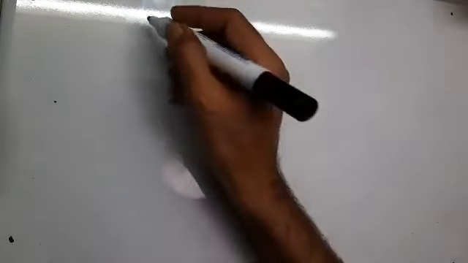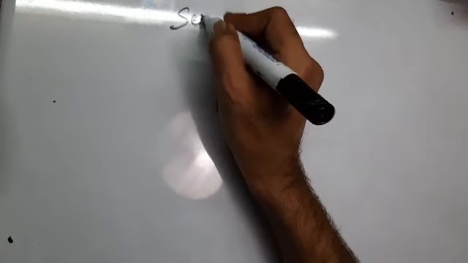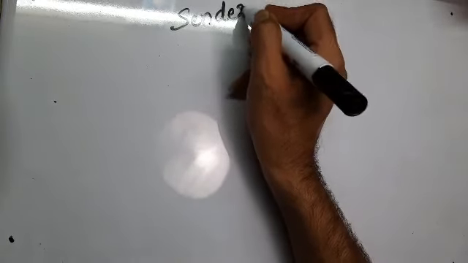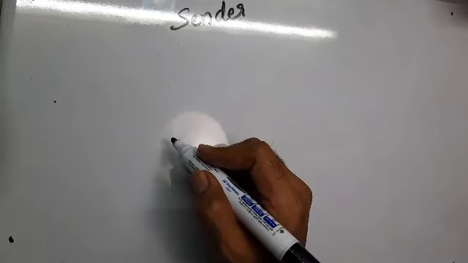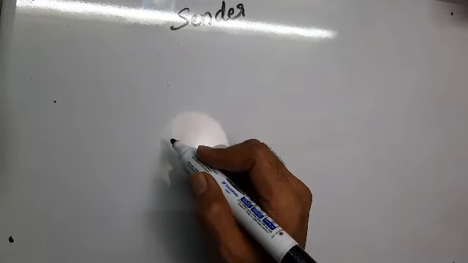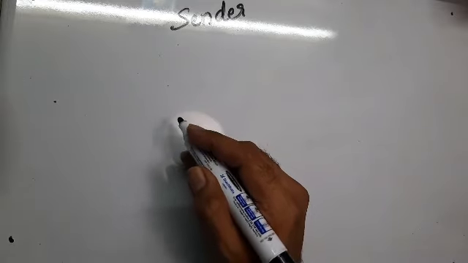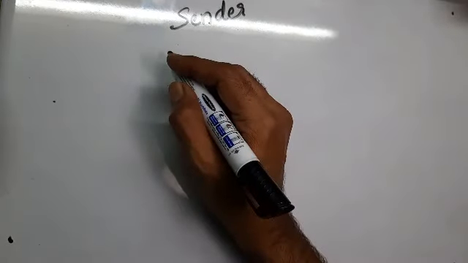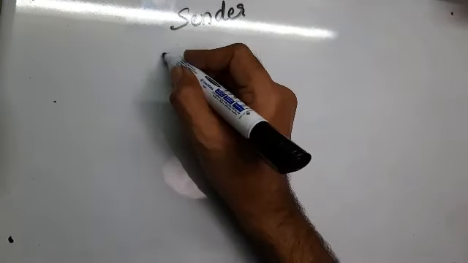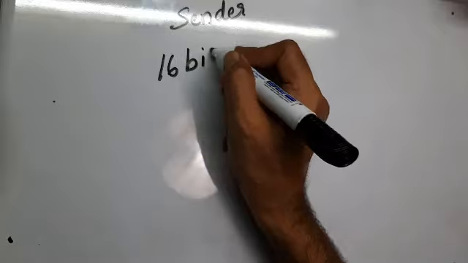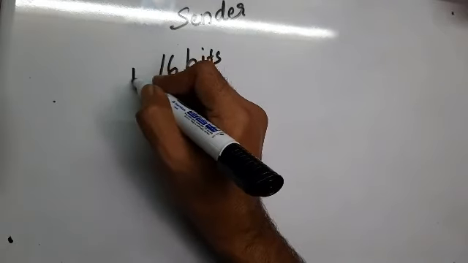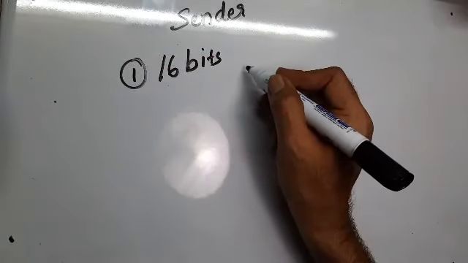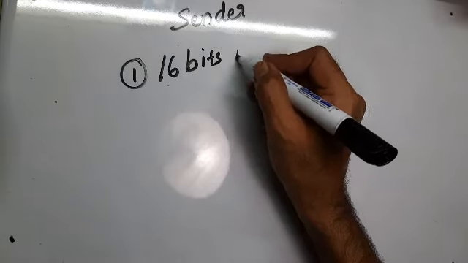First, I'll talk about the sender. The message in case of the sender is divided into 16-bit words. This is the first step.